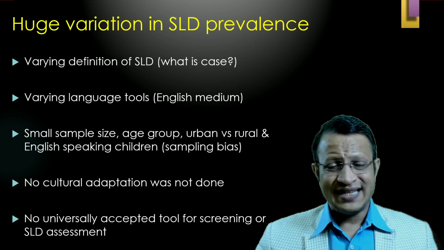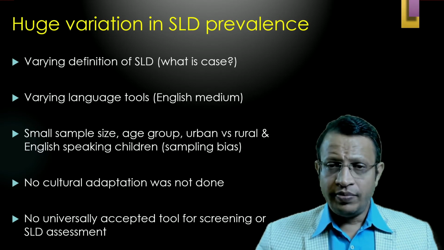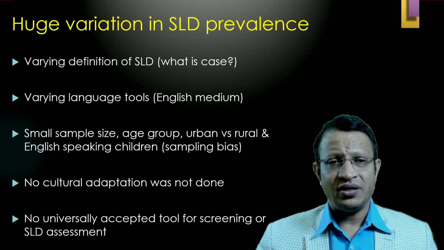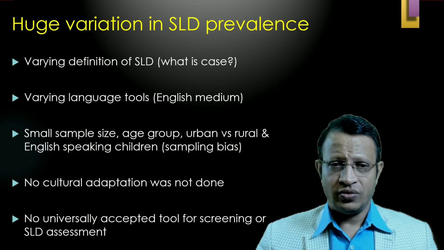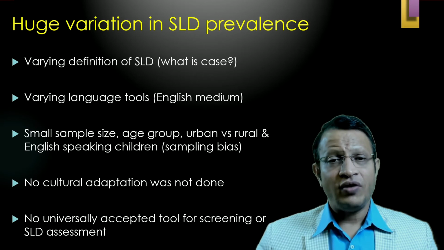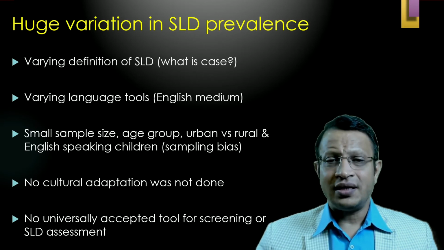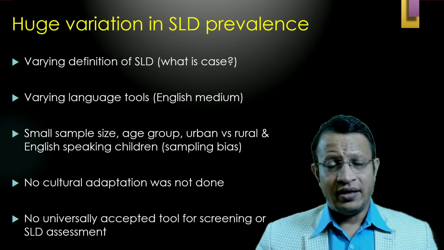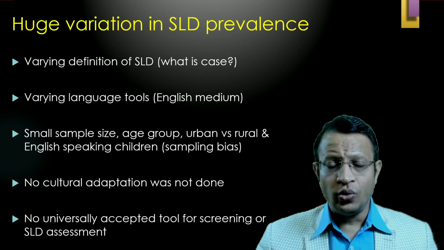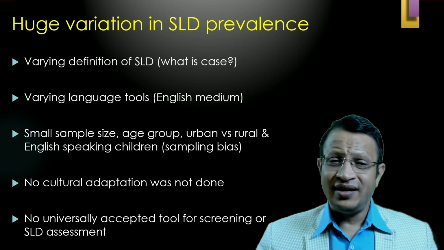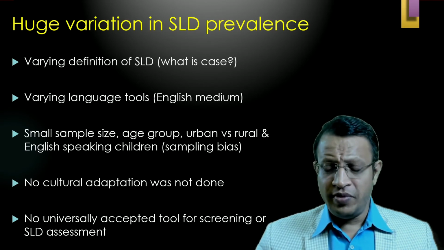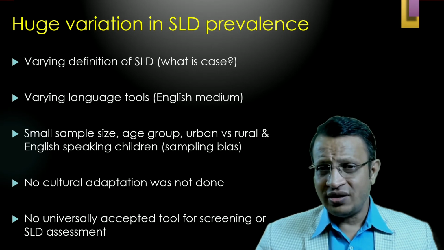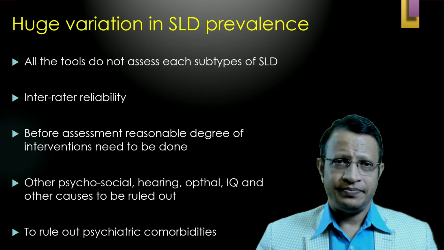Depending upon sample size, age group, urban versus rural population, and English-speaking children, there may also be sampling bias. Further, many of these instruments are not culturally adapted, and there is no universally accepted tool for screening and SLD assessment. Hence, all these important points play a role in the huge variation of SLD prevalence rates.